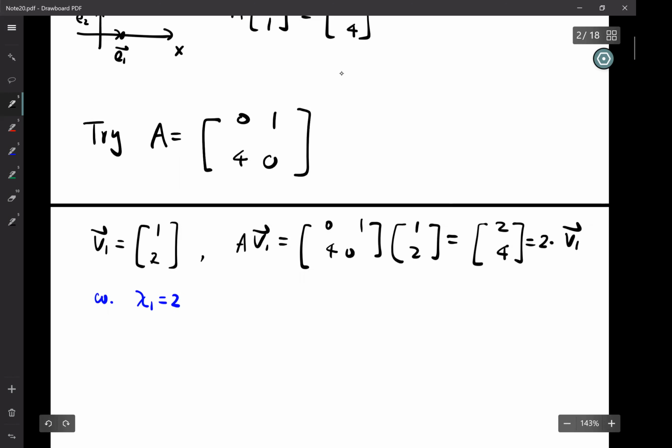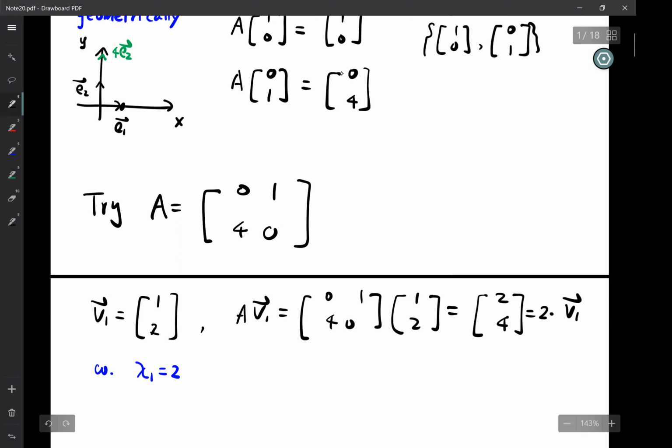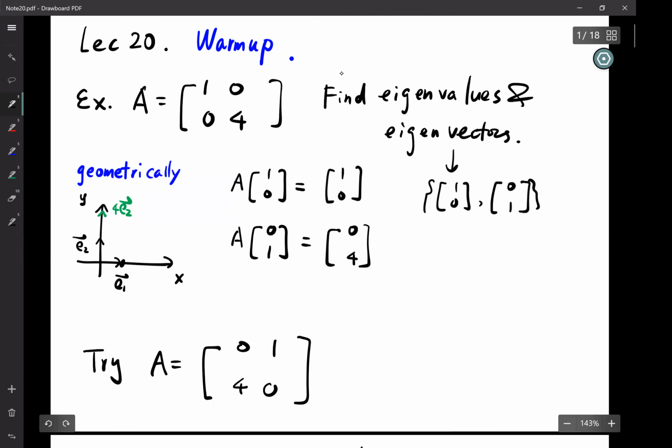Okay, Matthew raised a hand. What's the question? In the first example, are the two eigenvectors that we found the only eigenvectors or just two examples of eigenvectors? The question is whether these are the only two eigenvectors. It's a very good question.